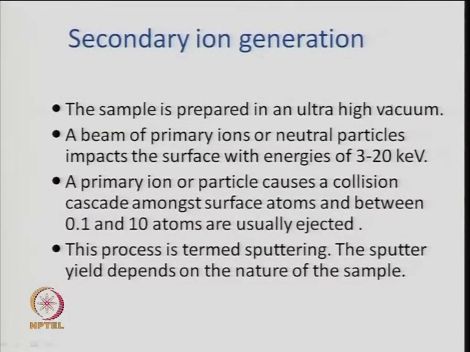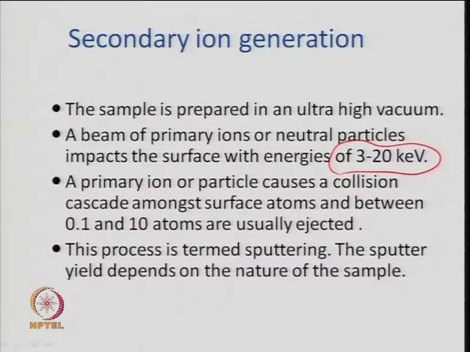So, generation of the secondary ion is the first thing. The sample is prepared in an ultra high vacuum; a very high vacuum is required for the process. The beam of primary ions or neutral particles impacts on the surface with energy of 3 to 20 kilo electron volt. The primary ions cause a collision cascade among the surface atoms, and between 0.1 and 10 atoms are usually ejected.